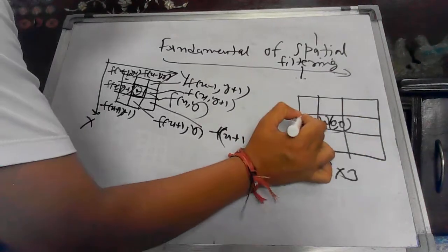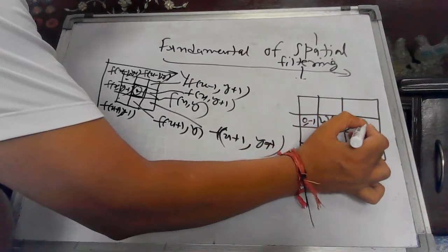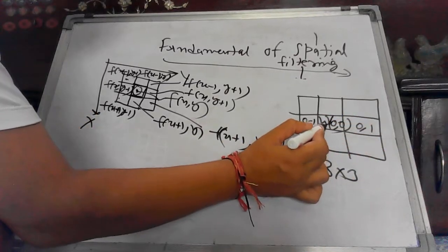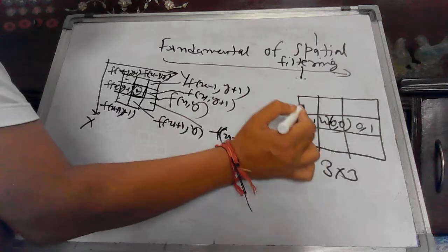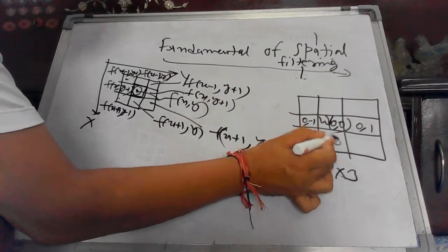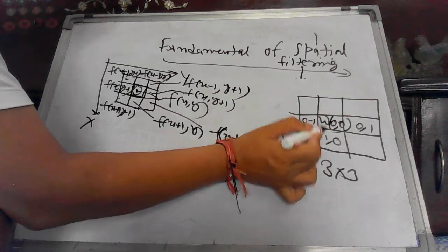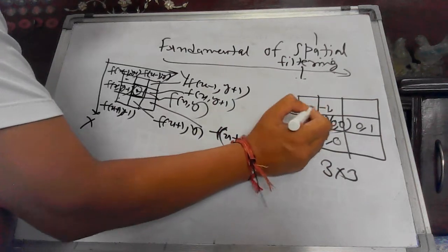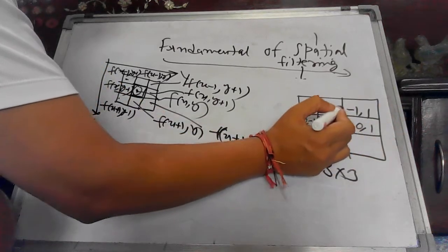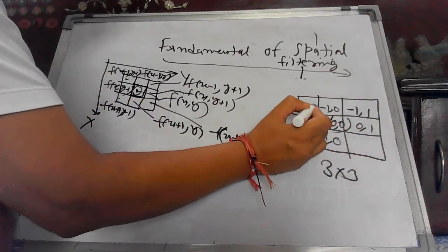Similarly this position will be W, 0, but y will be plus 1. Similarly this W will be what? X is increasing in this direction, so this will be 1, and y will be same. This is decreasing in this direction, so x will be minus 1. This is plus 1, this is 0, this is minus 1.